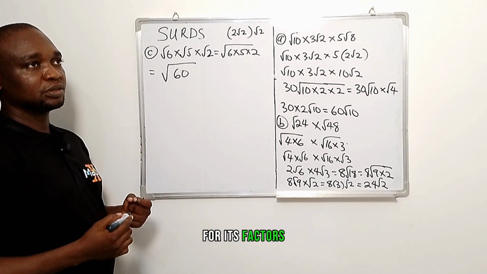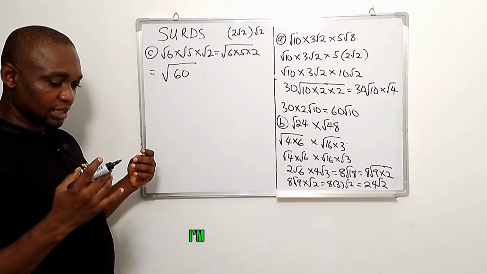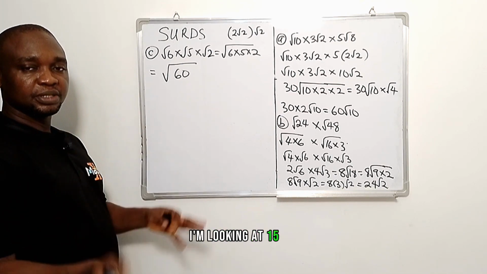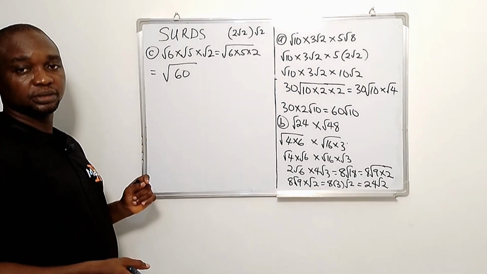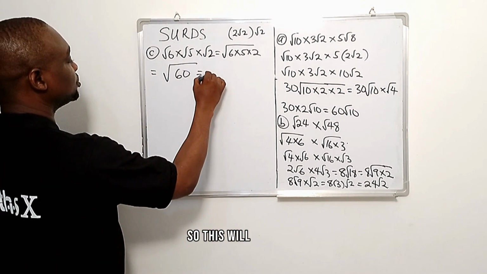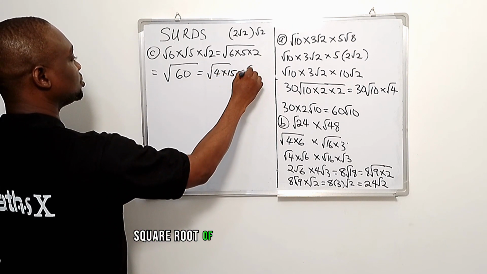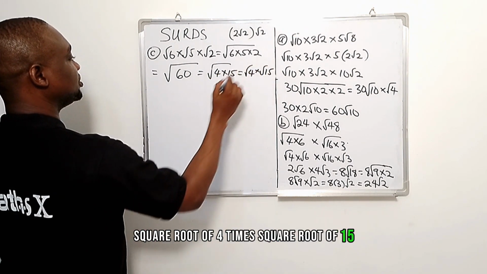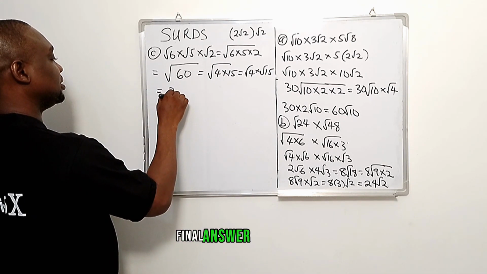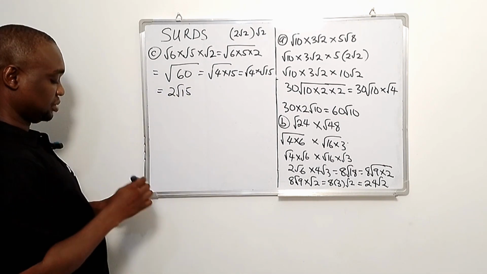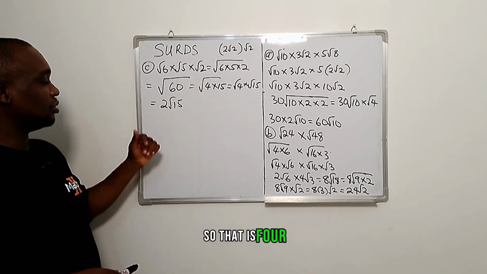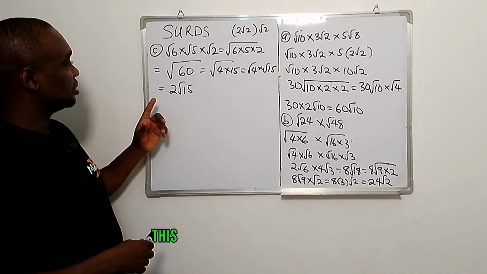For its factors, I'm looking at 15 times 4, which is 60. So this will be 4 times 15, square root of 4 times square root of 15. Final answer is 2 root 15. So that is for the last part.